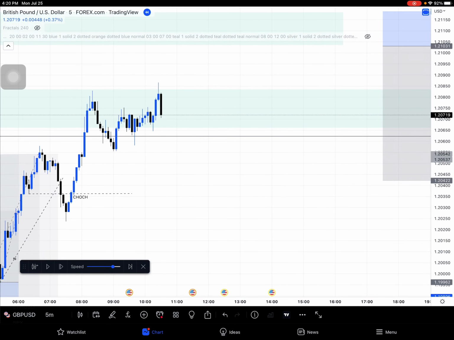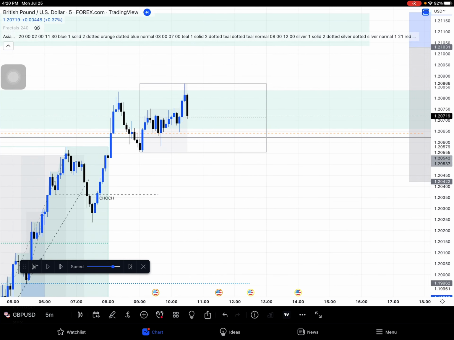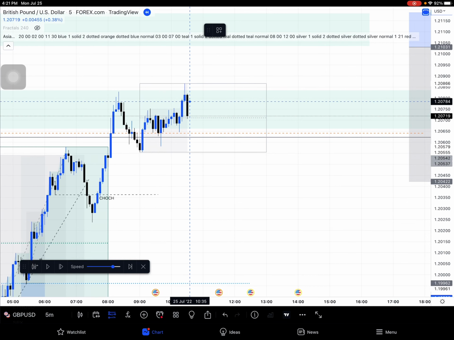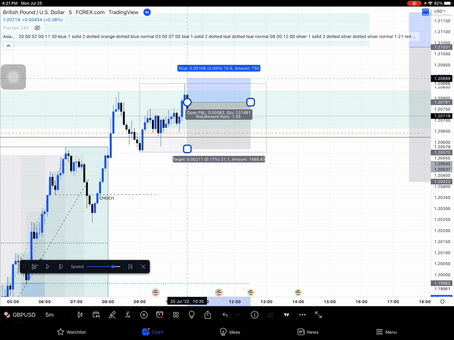So you can see that this market is clearly, see, this is the previous high of this session. New York has taken this high here, and I'm pretty sure that the market will go down from here. I will not take a trade from there, I will take a trade directly from here.